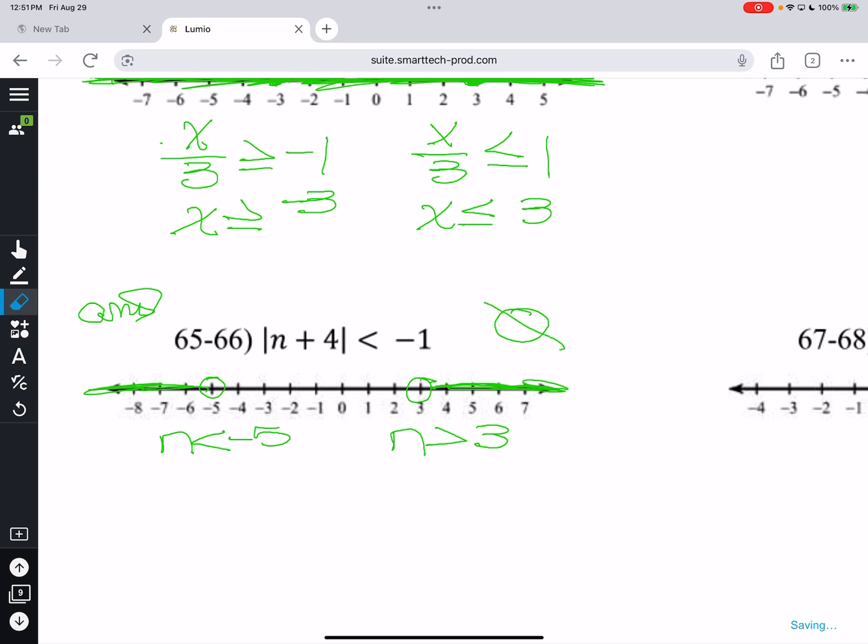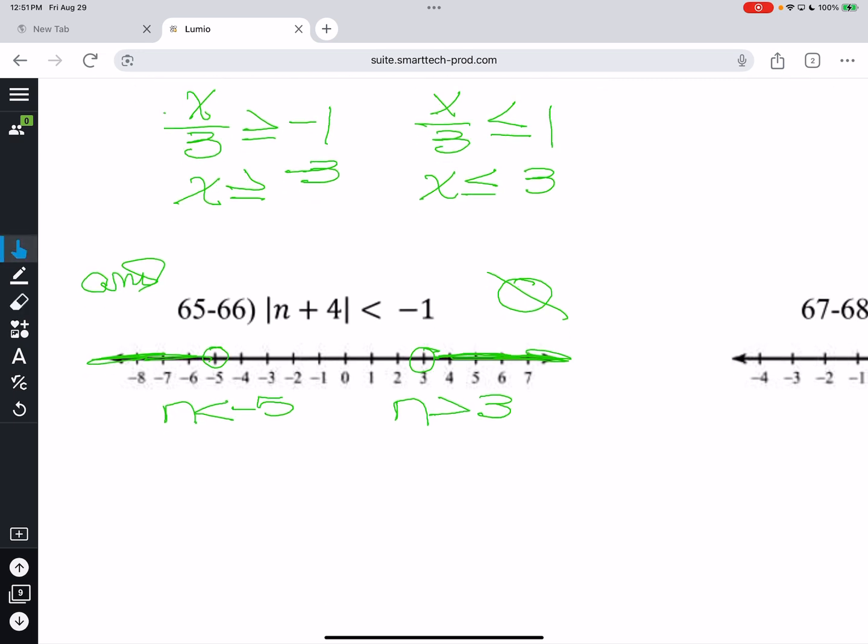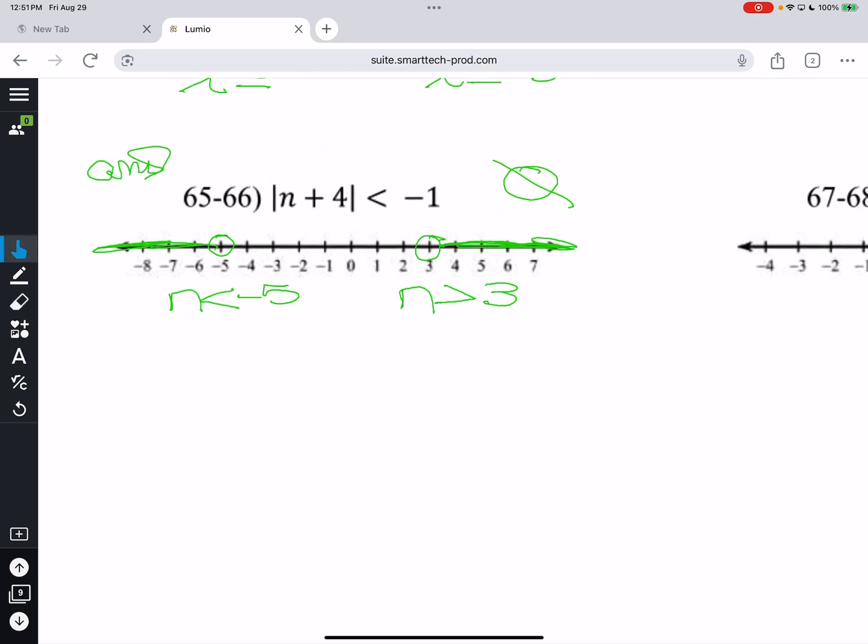Now here is something you've got to hear. The directions are, solve the inequality and graph your solution. Our solution is no solution. We can't have a graph then. There is no solution to graph. So that means once you have determined that, you go back and erase your graph.